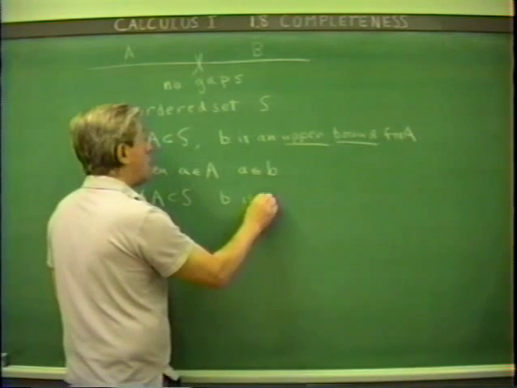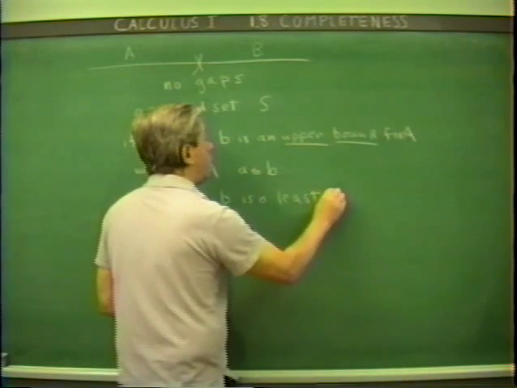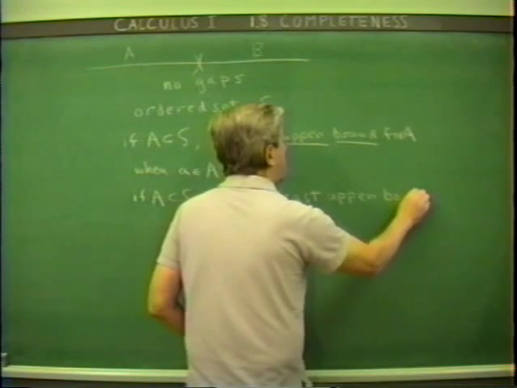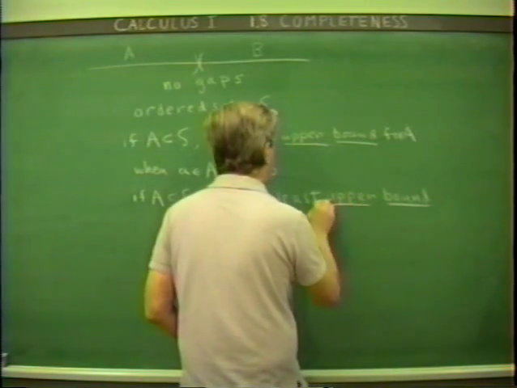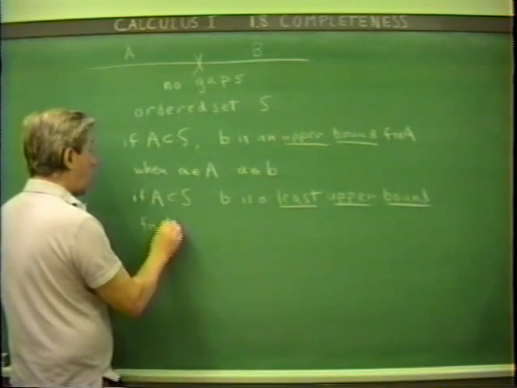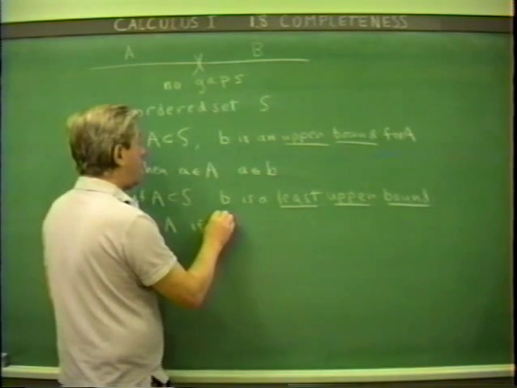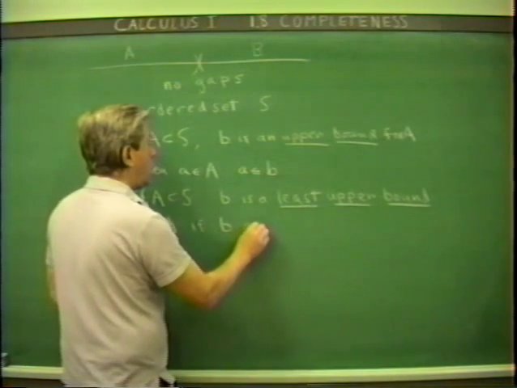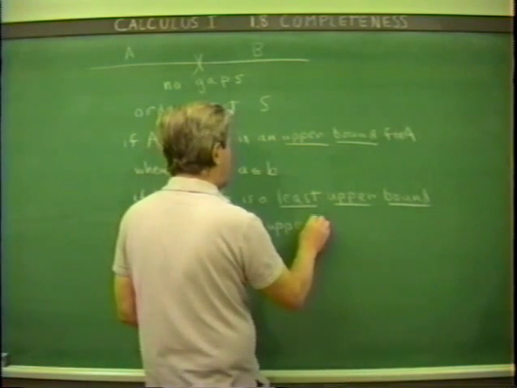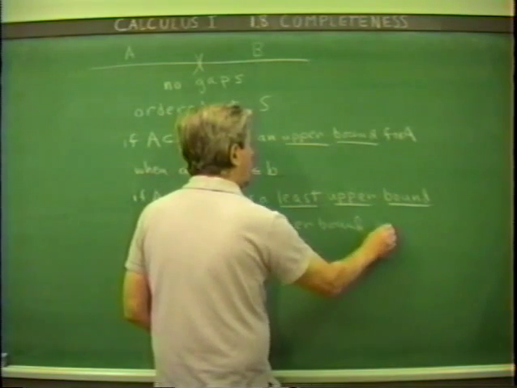If A again is contained in S, B is said to be a least upper bound for A if B is an upper bound and there are no smaller upper bounds.